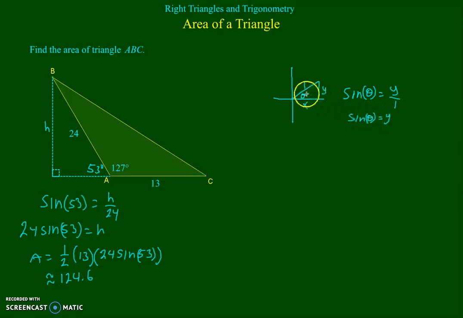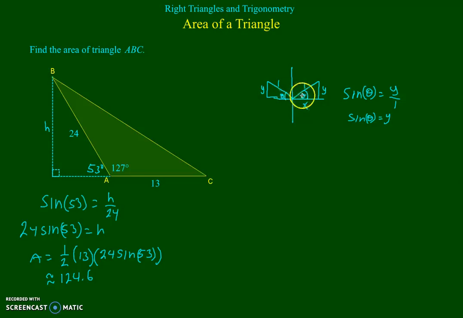Well, if the y is sine theta, then look at this piece. If this is some angle again, and it's the same angle as this, theta, and we say these angles are congruent, and this is 1 again, then we have the same situation, SOH CAH TOA.